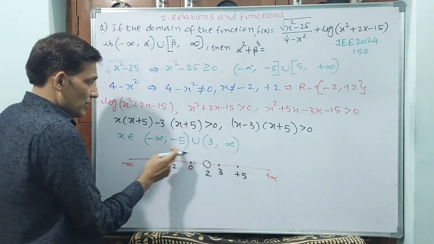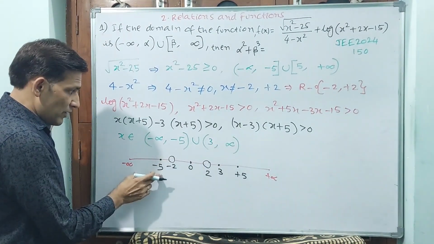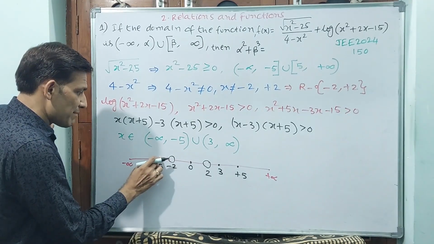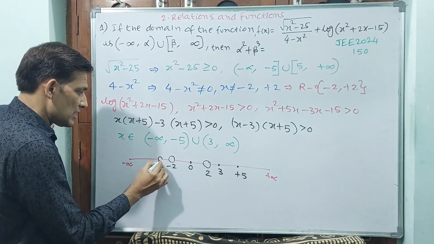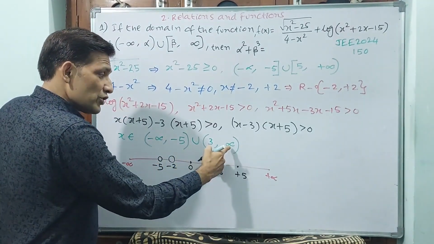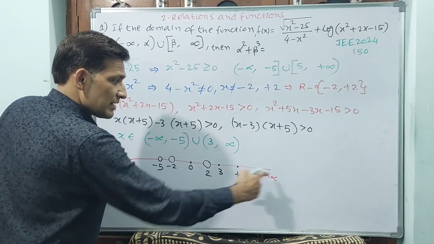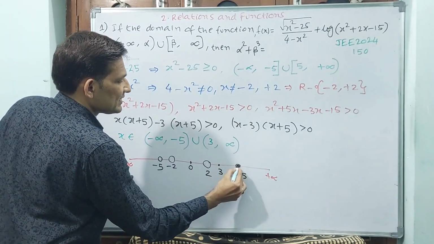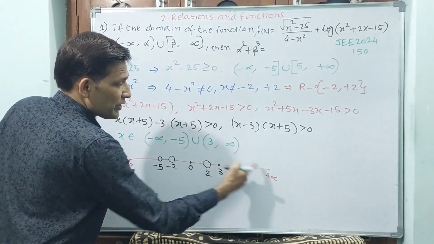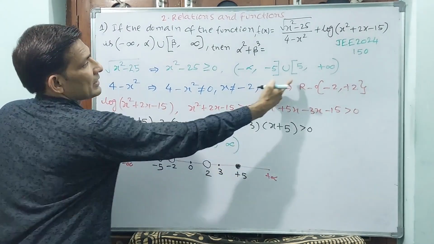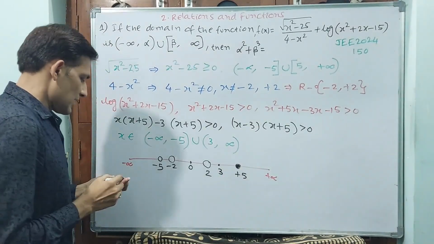Another thing: minus infinity to minus 5, but open interval. Open interval means I make this a bubble; you should not give, not a closed interval. 3 to infinity, see, 3 is from here. But if I take 5, what is the problem? No problem, then I can close this. 3 to infinity means open interval, but 5 to infinity may not be open, it can be closed.